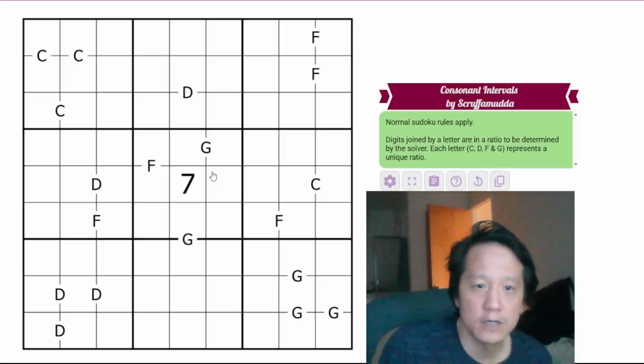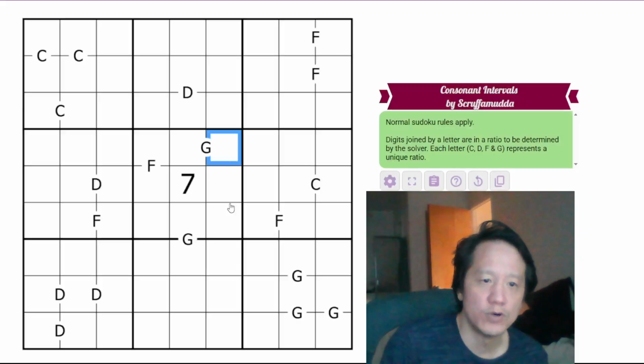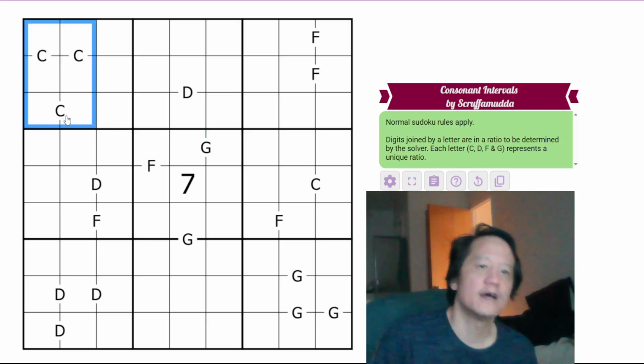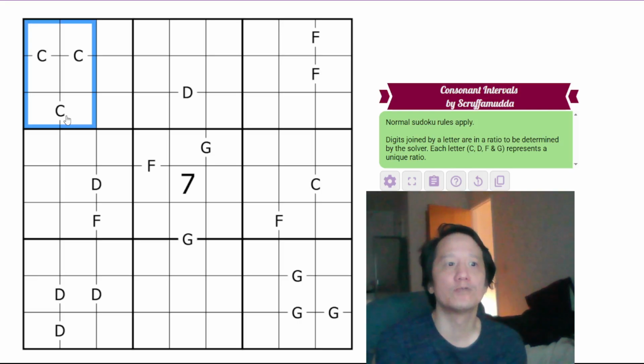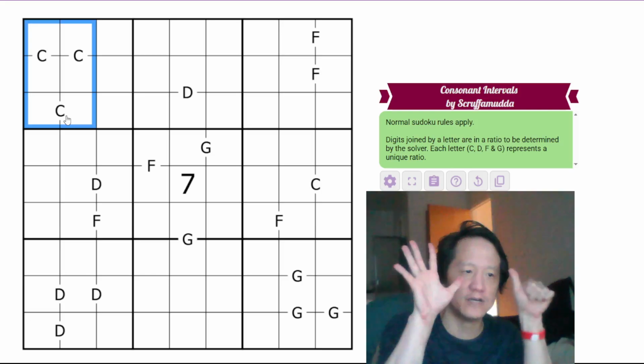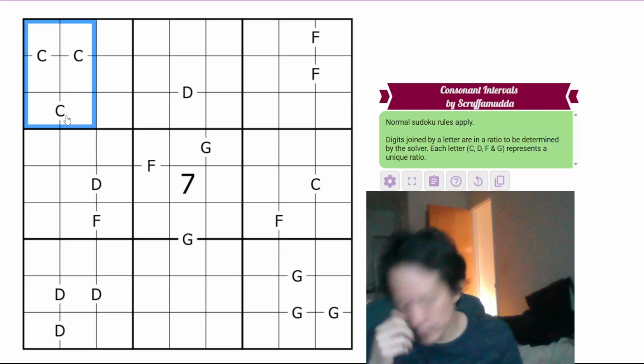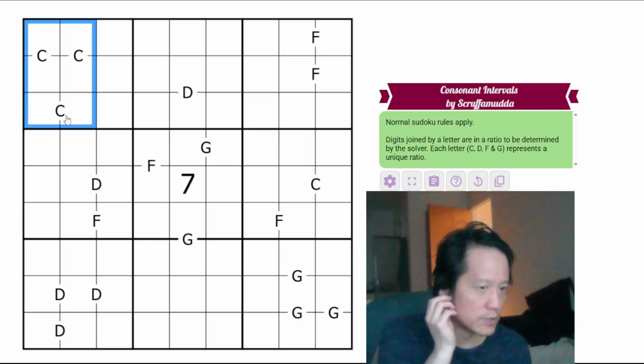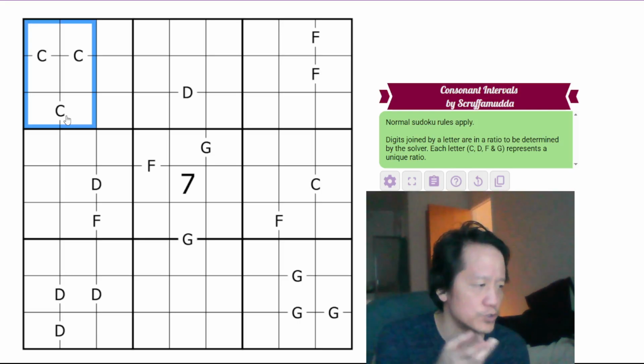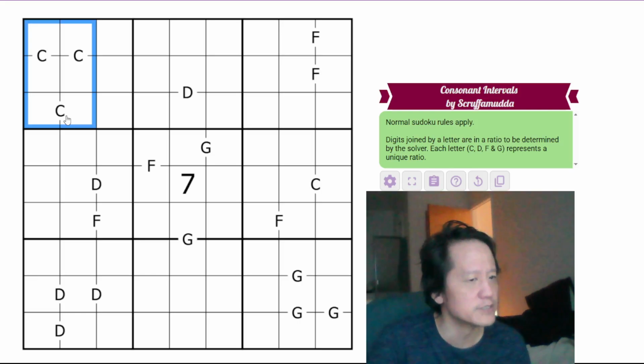Let's go. One thing that's interesting is we have C, which is a unique ratio between 6 of the digits. I don't think 5 and 7 can ever be part of those. 5 would be like a 5 to 1 ratio, or 5 to 2, or 5 to 3, but no other digits can actually fulfill that.